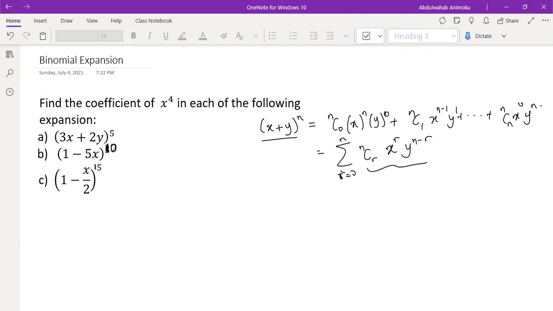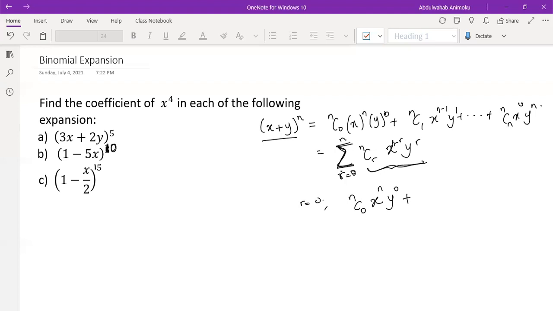So in this case, I just wrote it the opposite of this, so basically it is this way. For example, when r is 0, I would get n combination 0, x raised to power n minus 0, which is n, y raised to power 0. Plus, when r is 1, this is what the sigma notation means. This sigma means addition, as we plug in r from 0 up to n in this particular expression.